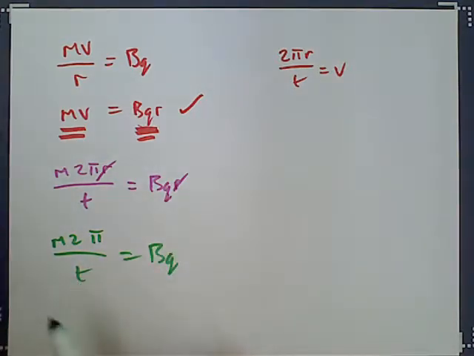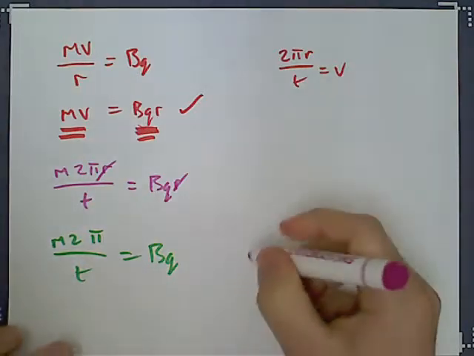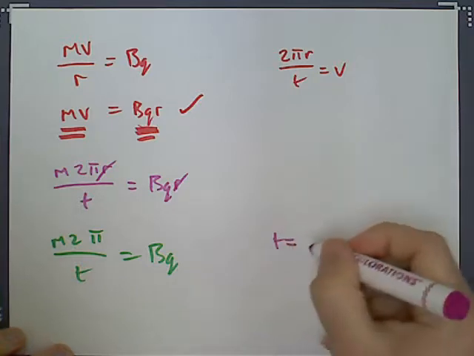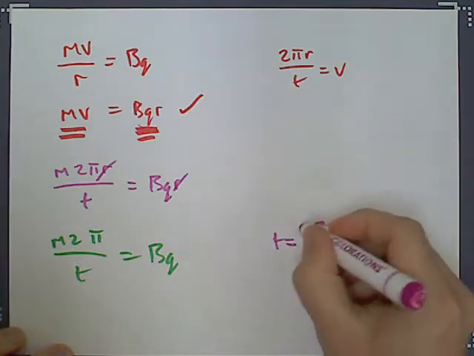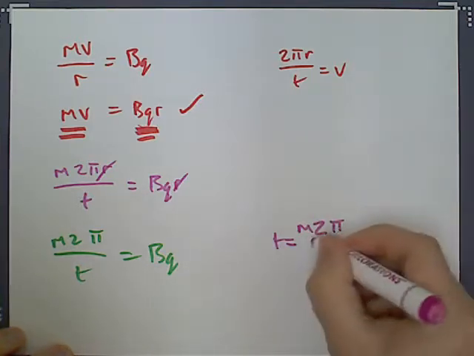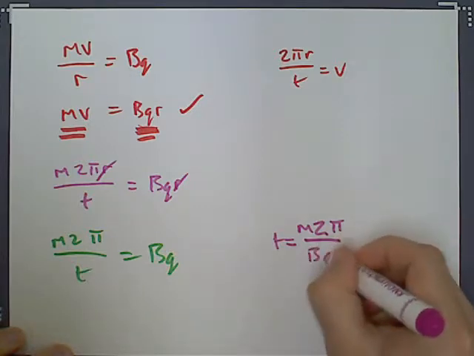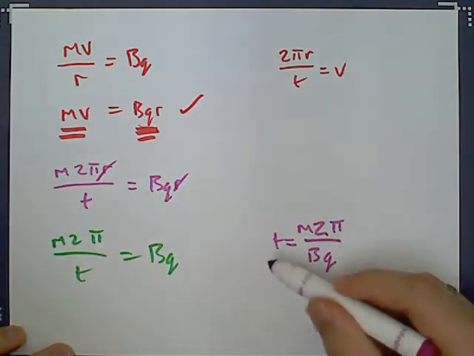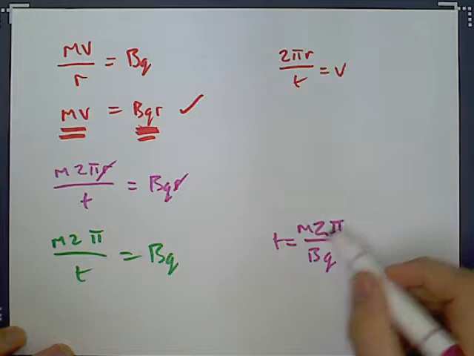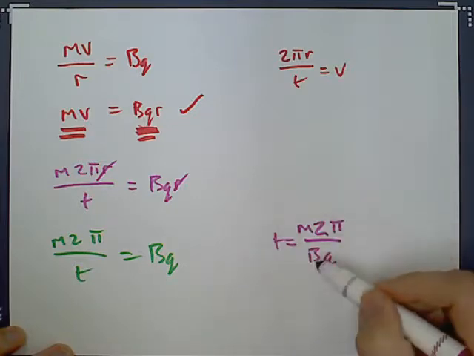Now, this is very, very interesting indeed, because let's just rearrange this real quick to show you the very interesting version of this, which is t is equal to m 2 pi over BQ. Now, this is absolutely fascinating because you'll notice there is no r term in here.